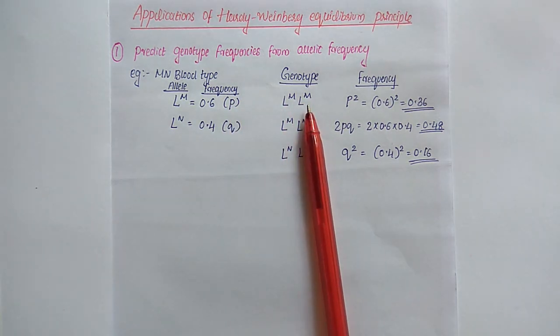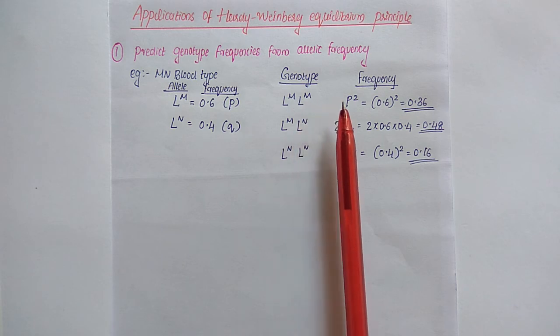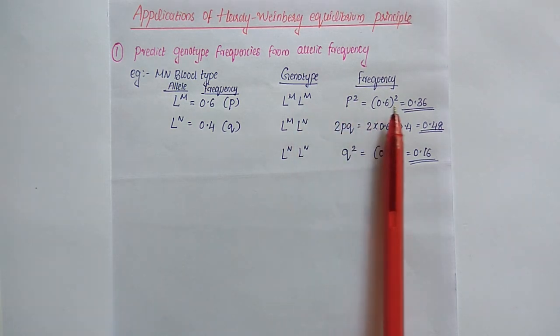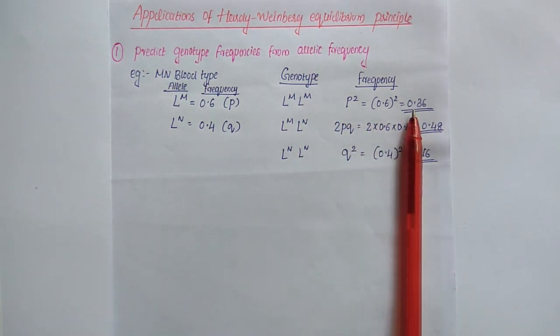Here the genotype L^M L^M is the dominant homozygous genotype. Its frequency is P square, that is 0.36.